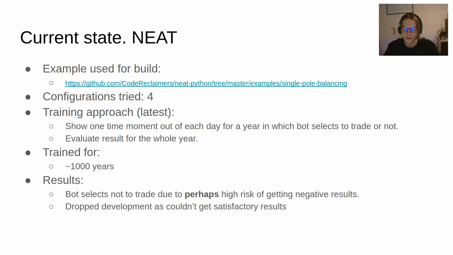And in 1,000 years I didn't reach a breakthrough. I tried changing the reward function, tried changing the way I train the models, but nothing seems to work. So at some point I just dropped it and didn't come back to it.